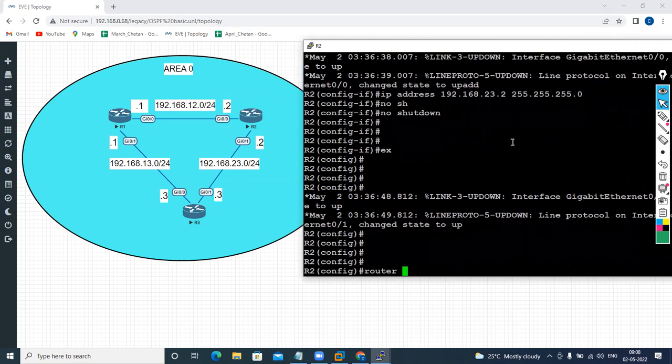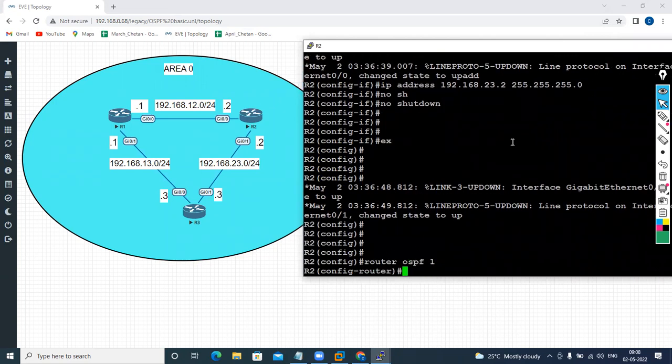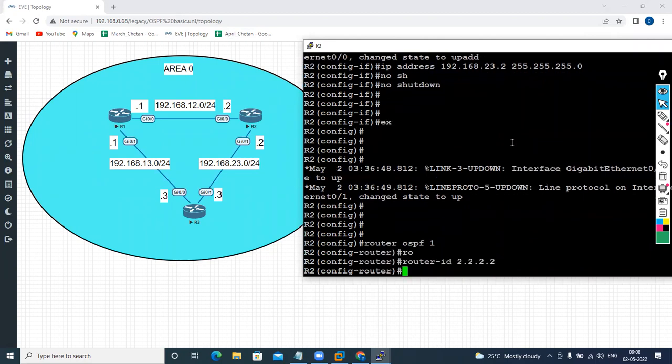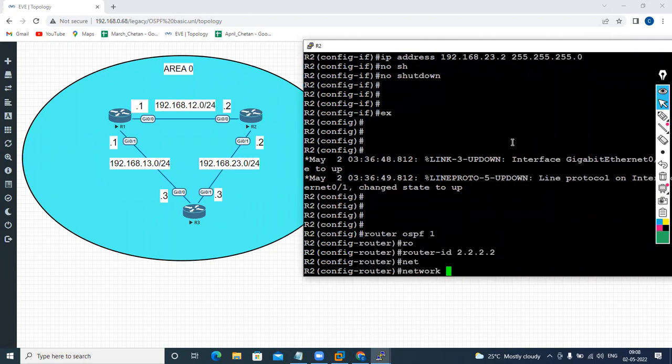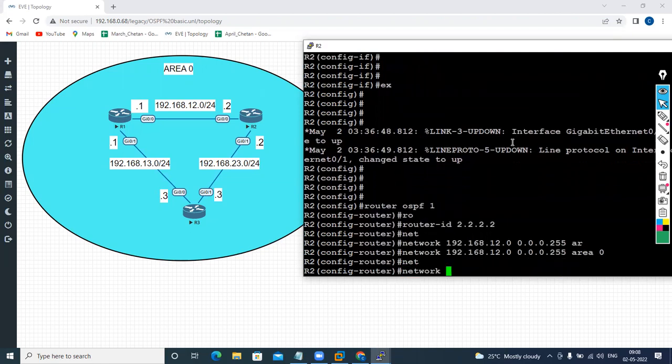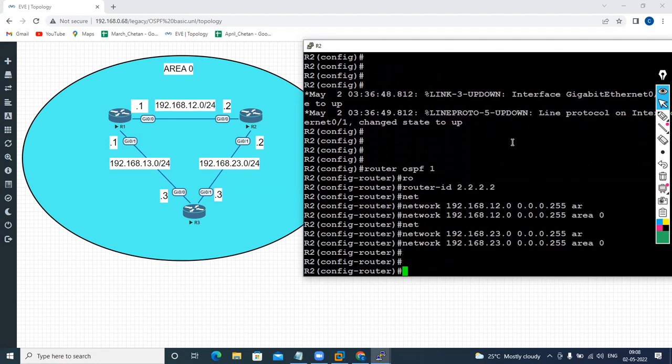On R2, router OSPF 1. Router ID will be 2.2.2.2. So network 192.168.12.0, 0.0.0.255 and area 0. Network 192.168.23.0, area 0.